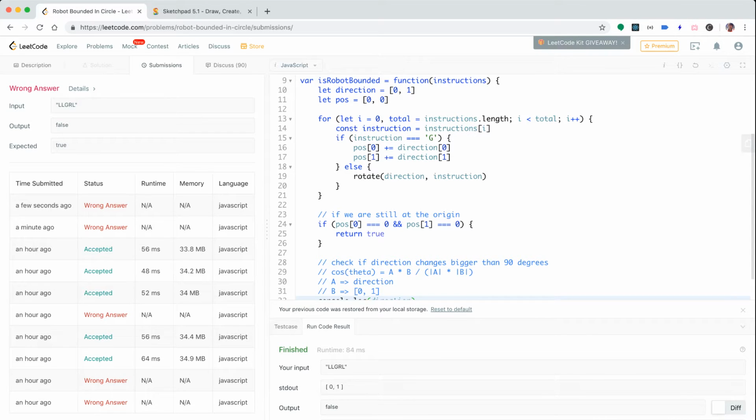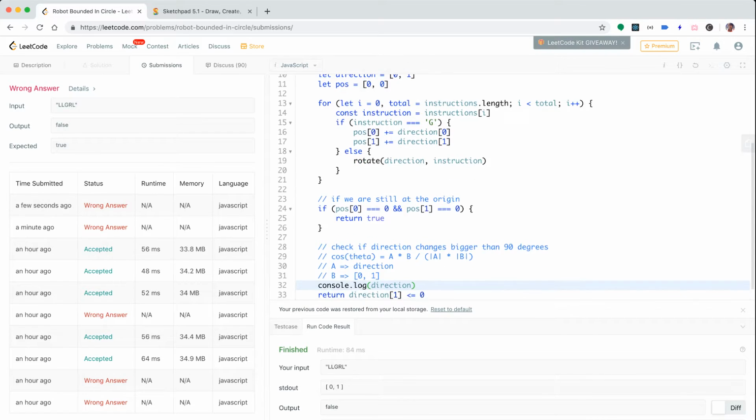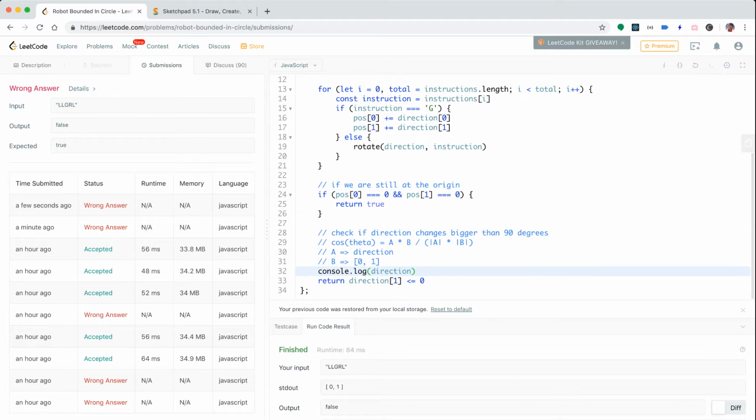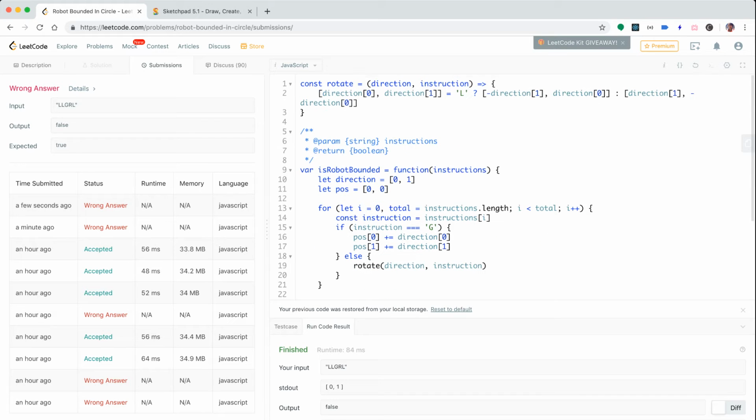So LL. Okay, it's down, and then move 1, right, and L. So actually, the final direction is not... Oh, there's a problem.